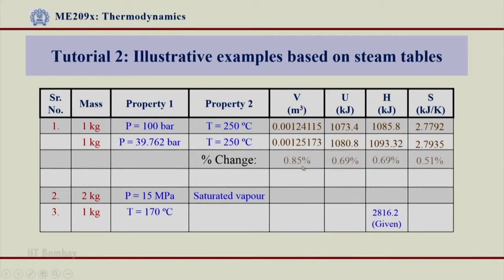If I see the percentage change, you can see that the percentage change is very small, very small, 0.85, 0.69, 0.69 and 0.51. This is a very small percentage change which has been evaluated. This has been evaluated at the approximate condition that we have evaluated the properties at saturation condition, isn't it?